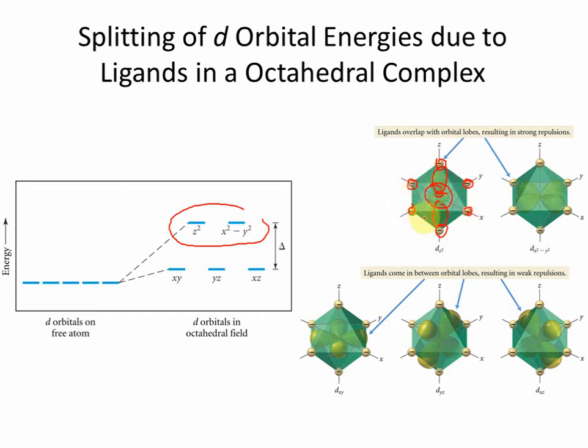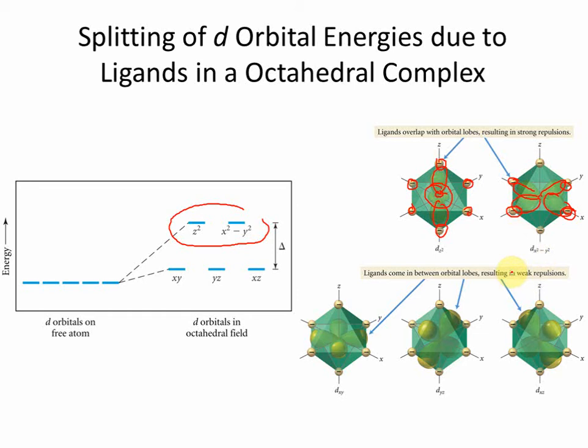And in the dx squared minus y squared, remember these lobes lie on the xy axes. So the ligands are lying on these xy axes as well in the equatorial plane. So you have lots of overlap. So this goes up in energy as well. But for the dxy, the yz, and the xz, the orbitals lie in between the ligands.